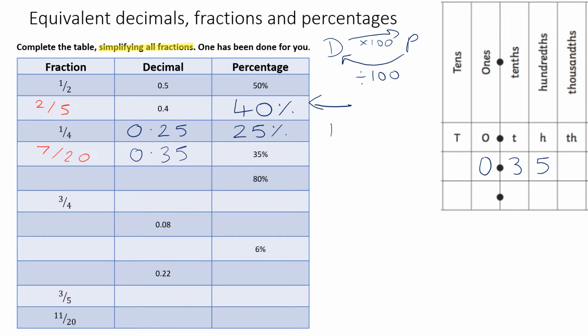What have we done to go from 40% to 80%? Well, hopefully we've realized that it doubles. So we can just double everything else. 0.4 doubled is 0.8. We can check by saying percentage 80 divided by 100, 0.8.